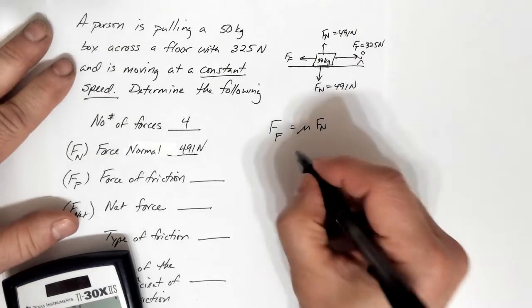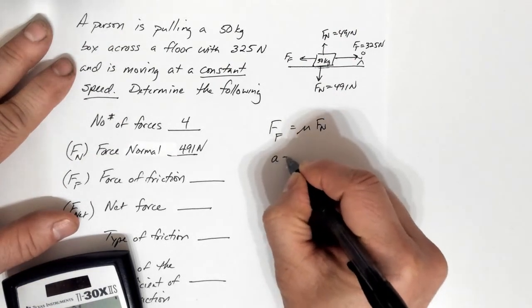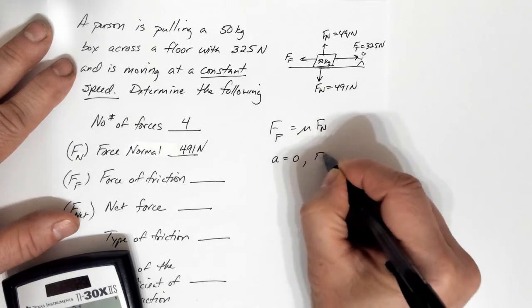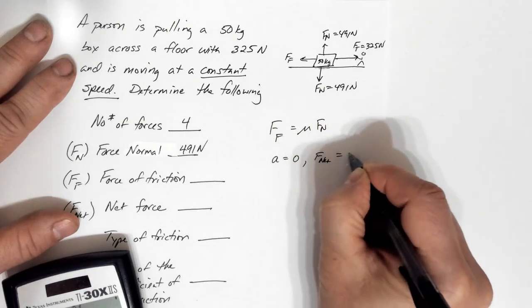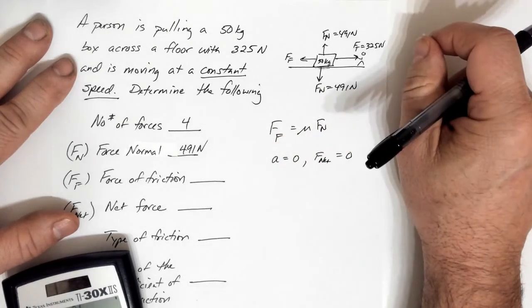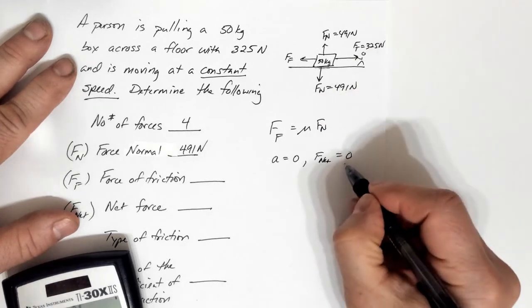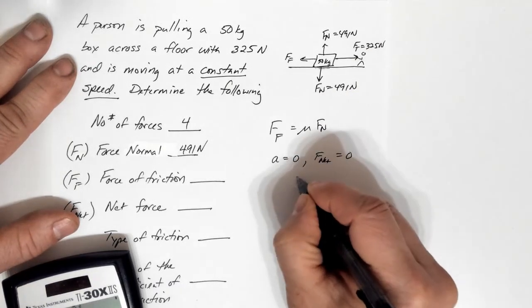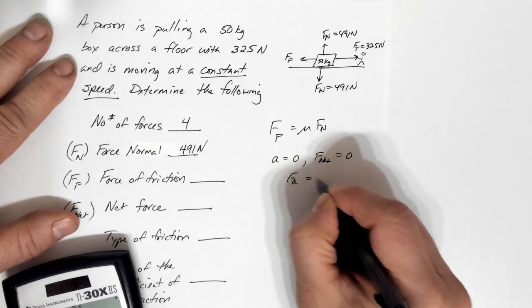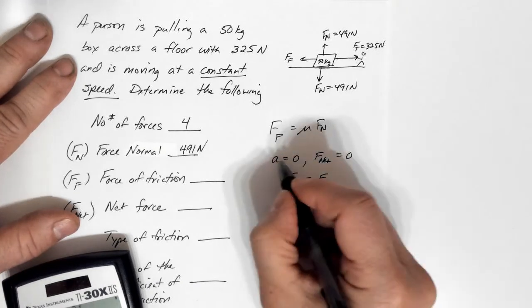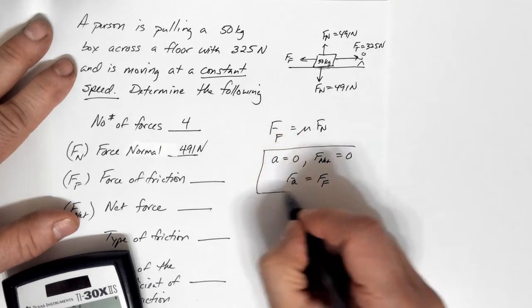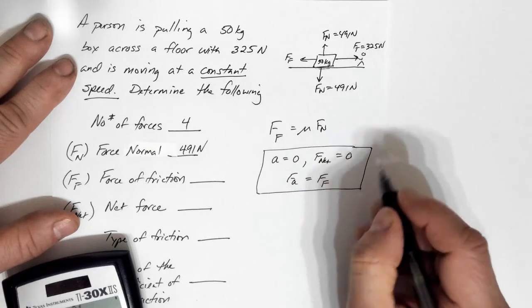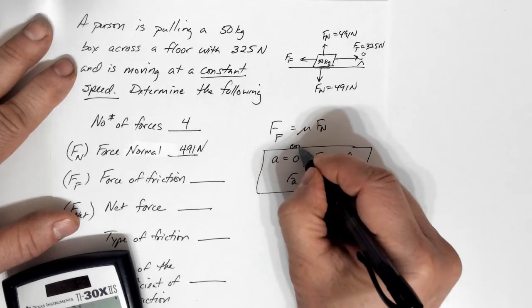So if acceleration is 0, then F net is 0. Okay? There's no acceleration. So that means that the force applied is equal to the force of friction. This is a key idea you need to remember whenever there is considered to be constant speed.